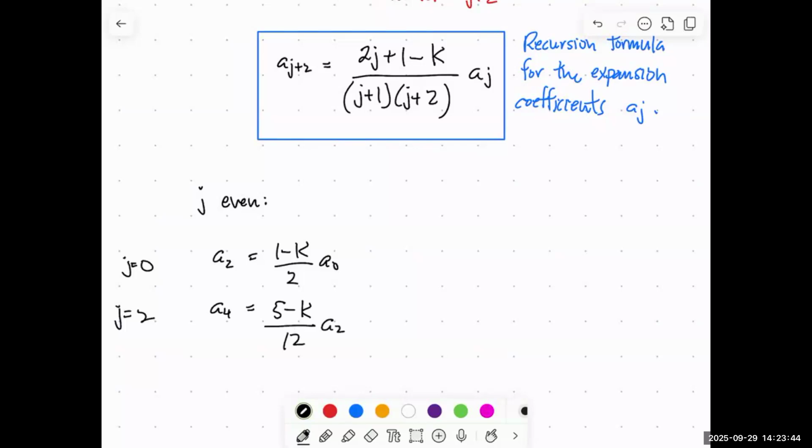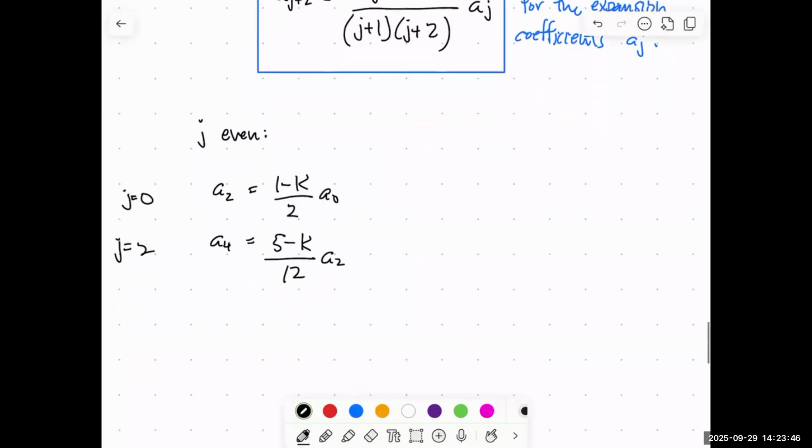But I already know a_2, so that's (5 minus k)(1 minus k) divided by 2 times 12, which is 24, times a_0. This recursion continues indefinitely, and I could calculate all of the even coefficients in terms of a_0 if I wanted to.